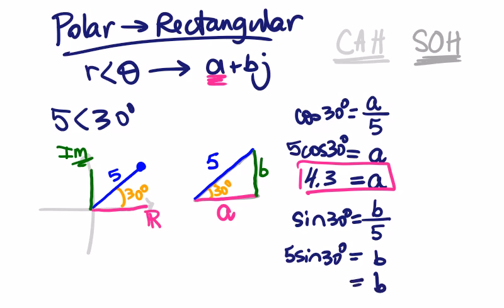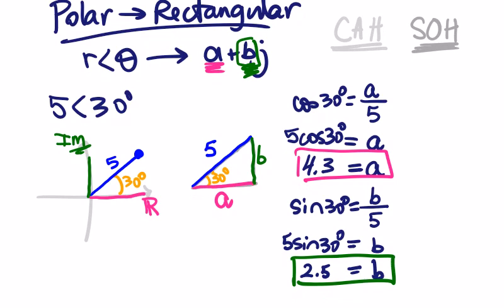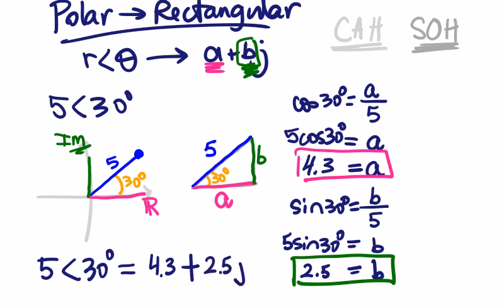We do the calculation, 5 times sine of 30 degrees, 5 times a half will be 2.5. So 2.5 is the imaginary part of this complex number in rectangular form. All we need to do now is say that 5 30 degrees in polar form is equivalent to a, 4.3, plus b is 2.5, 2.5j.